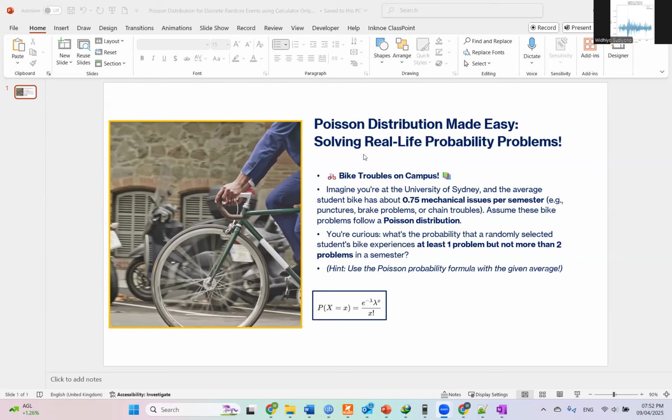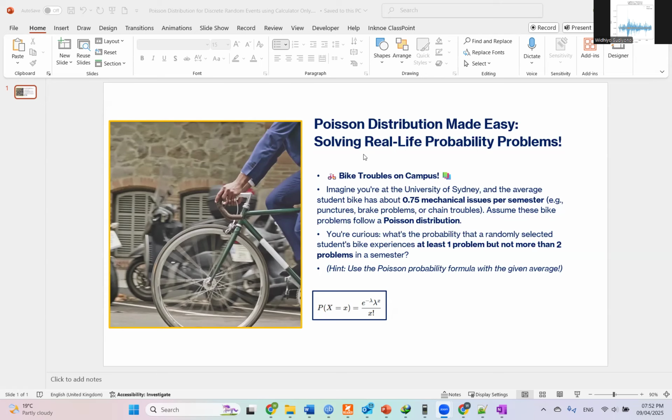Okay, so the question is, imagine you are in a university and the average student bike has about 0.75 mechanical issues per semester. Could be punctures, brake problems, chain troubles. Assume this bike's problems follow a Poisson distribution.